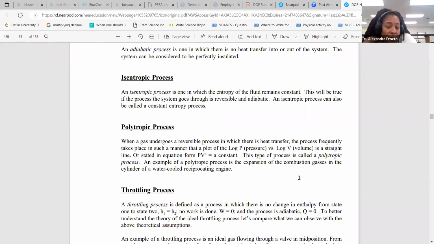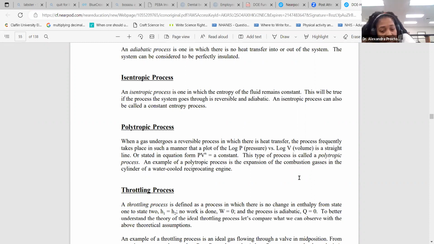Okay, so PV^n is equal to a constant because you have the straight line when we start talking about polytropic processes. An example of a polytropic process is the expansion of combustion gases in the cylinder of a water-cooled reciprocating engine.